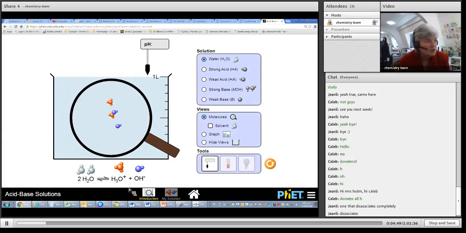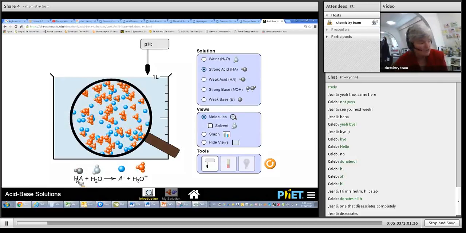If I have a strong acid, HA is my strong acid. An example of a strong acid is HCl. If I put HCl in water, it dissociates completely, so it gives off all its hydrogen ions. We call them hydronium ions because you're not going to get an H plus floating around by itself.